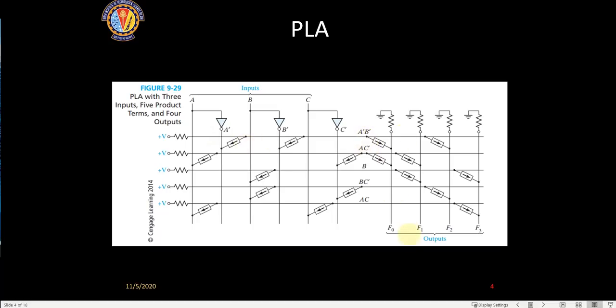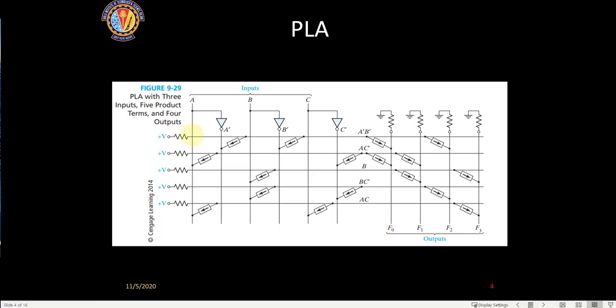First of all, this is not universal. This is just an example of one particular function where F0 is defined by A bar B bar and A C bar in this particular example. So this is a snapshot, not a full circuit. It is already programmed for a specific function.